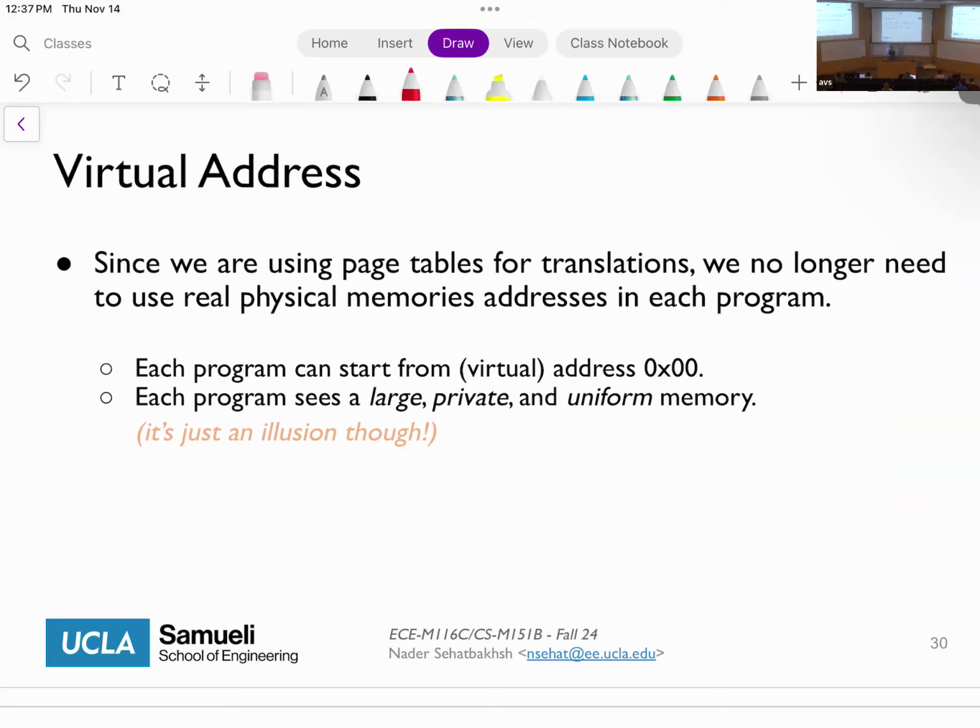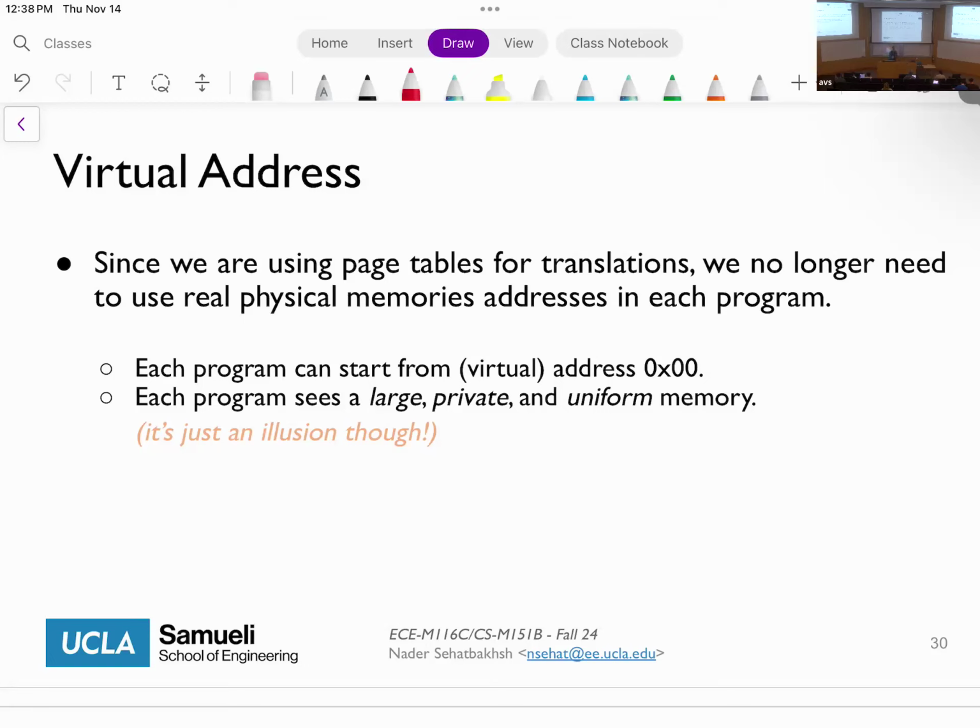When we are translating virtual to physical, we first find which page this address belongs to, which byte within that page, and where that page is stored. So in the background, at the hardware level, we take this virtual address and translate it into a real physical address and access the memory that way.